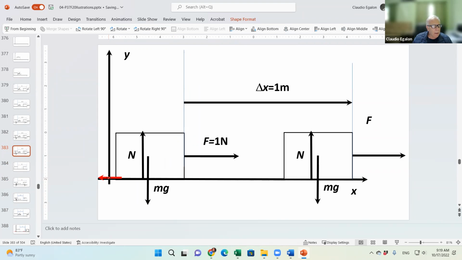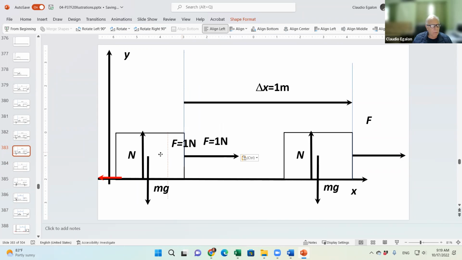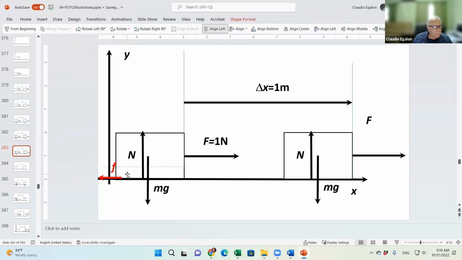Frictional force we usually represent by the lowercase f. The work done by the force of friction in this case is going to be negative.